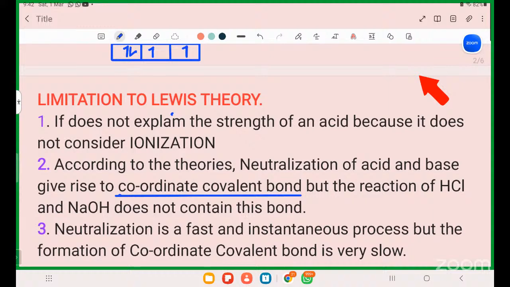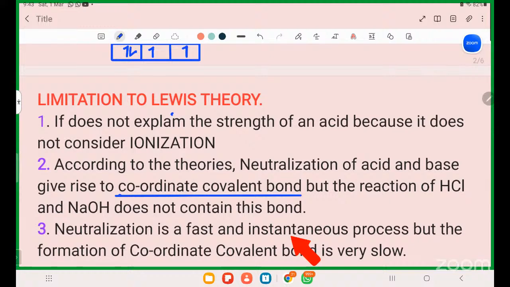Instead, Lewis acid and base give a coordinate covalent bond. Neutralization is a fast, instantaneous process.